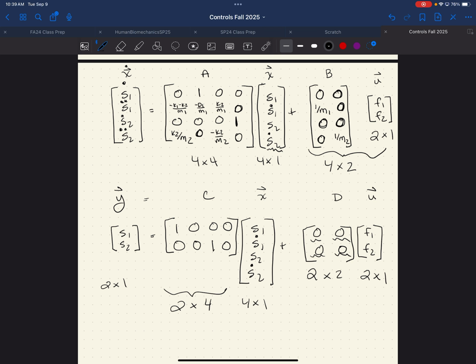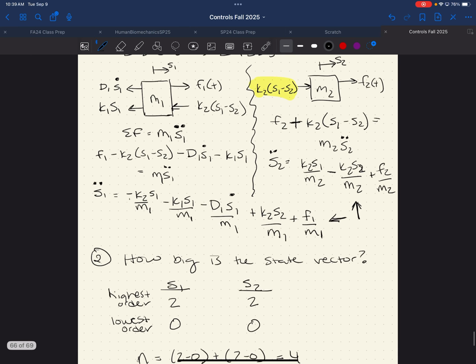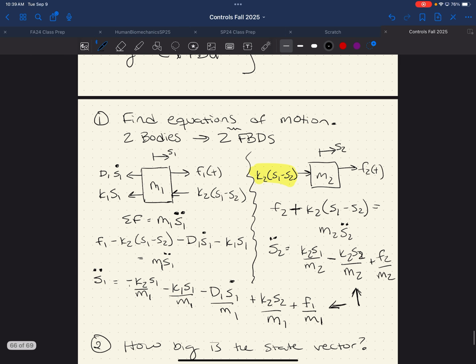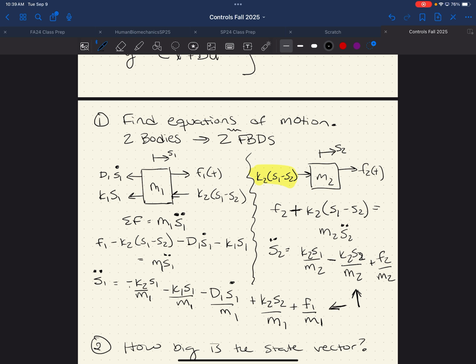Yes. Let's say, hold up guys, I'm answering a question, try to be quiet. The output equation here assumes that we have access to measure both S1 and S2, meaning we have some sort of sensor that can tell us what S1 and S2 are.